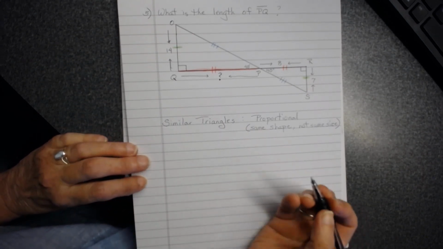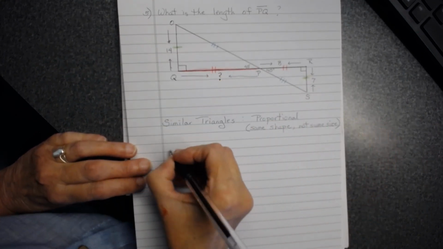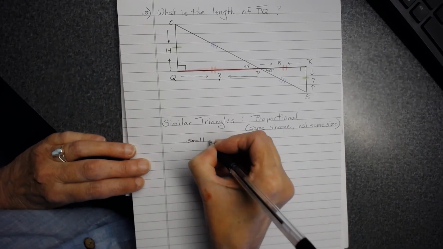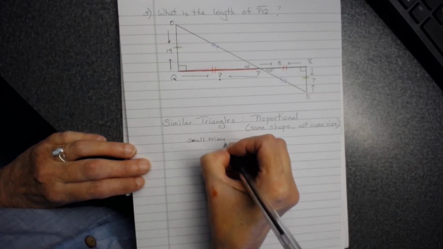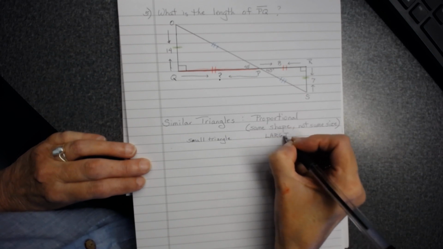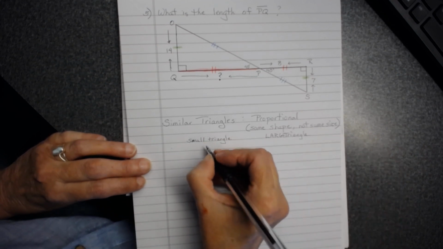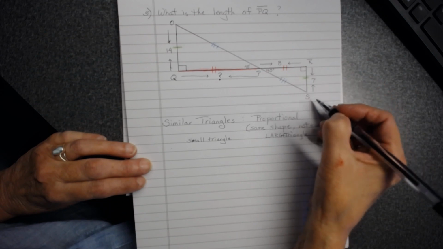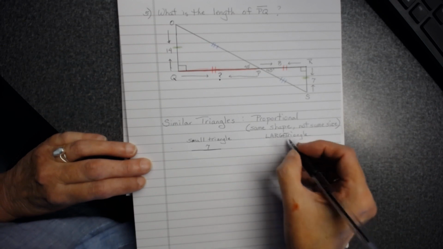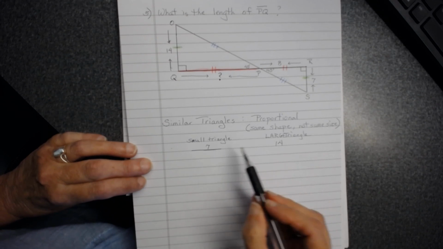So let's just start with, let's say, small triangle is to large triangle. The small side right here, RS, is 7, and we're going to compare it to the large triangle, which is 14, same size, small to large.